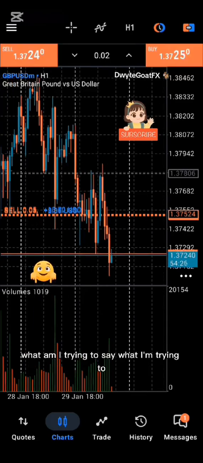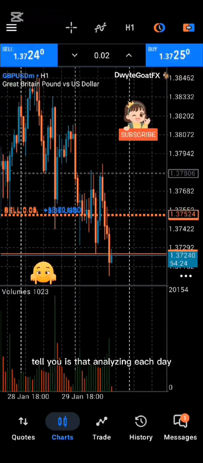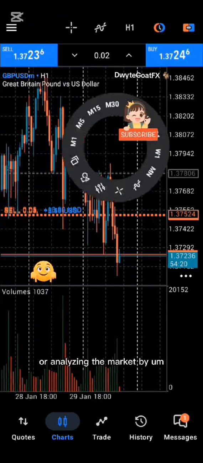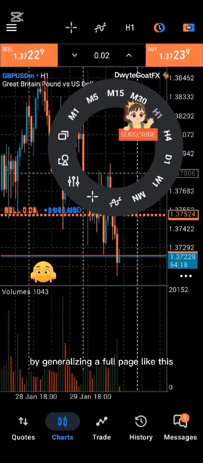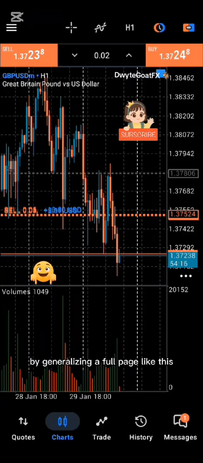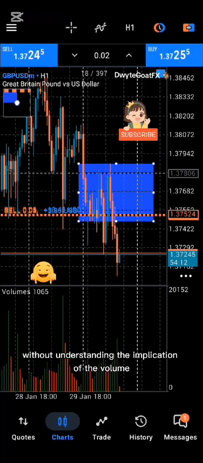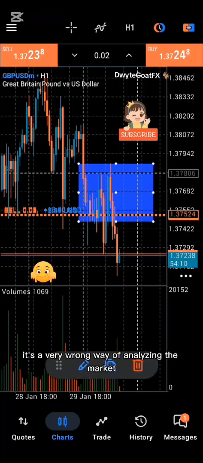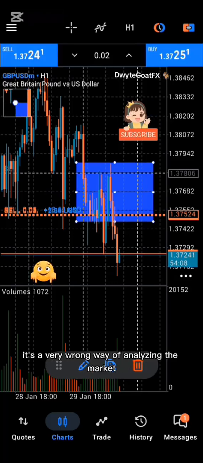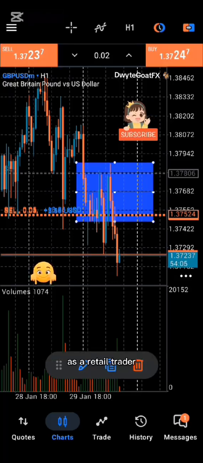What am I trying to say? I'm trying to tell you that analyzing each day, or analyzing the market by generalizing a full page like this without understanding the implication of the volume, is a very wrong way of analyzing the market as a retail trader.